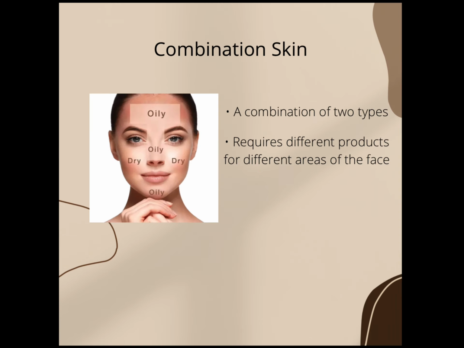Combination skin is exactly like it sounds, a combination of a couple of skin types we previously mentioned. In the case of combination skin, different areas of the face will require different care. This skin type tends to experience oiliness and blemishes in what's called the T-zone. The T-zone is the section of your face that matches an uppercase T: forehead, nose, and chin.